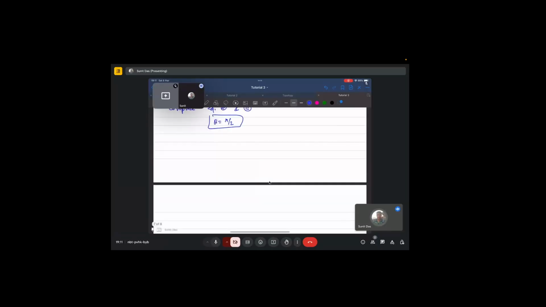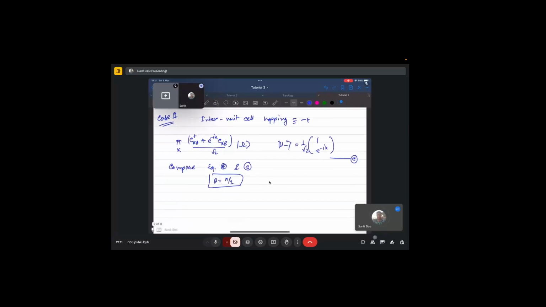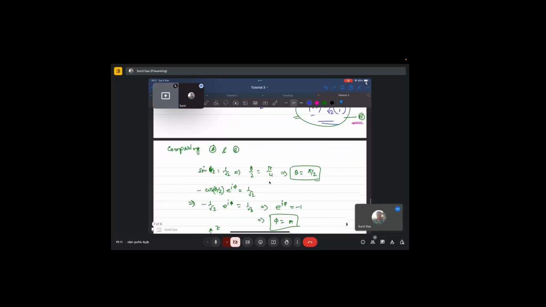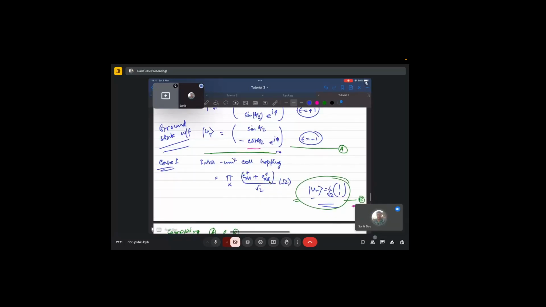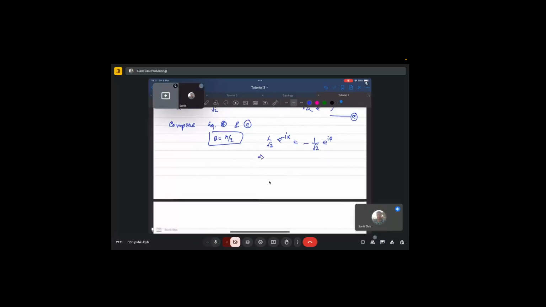The important difference is that 1 by root 2 e to the power minus ik equals, from equation A, minus cos theta by 2 e to the power i phi. Minus cos theta by 2 is simply in our case 1 by root 2, so e to the power i phi equals minus e to the power minus ik. These are the two conditions we get.